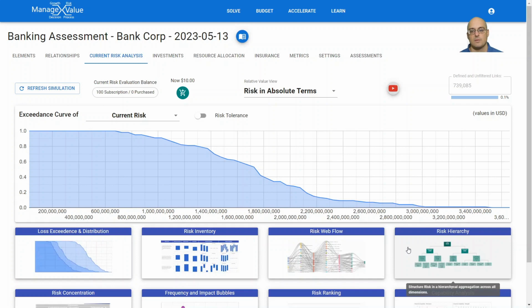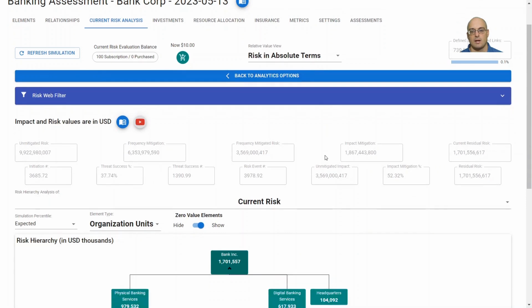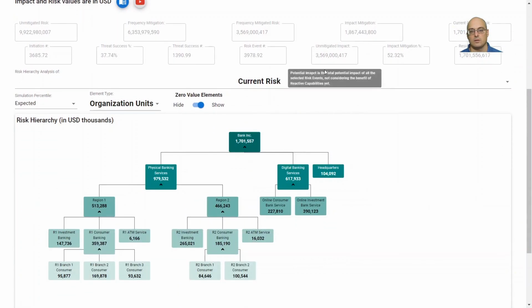The best way to understand that is using the hierarchy view.